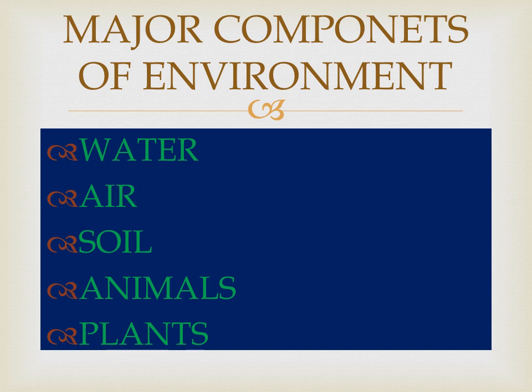It covers the largest part of the Earth's surface. That is, 75% of the Earth's surface is covered by water. Candidates, it is a home for some animals such as fish and marine mammals.